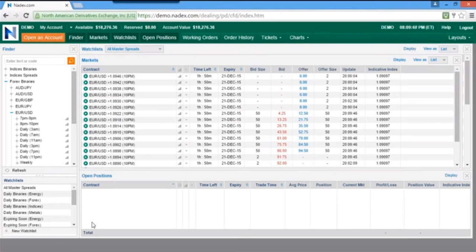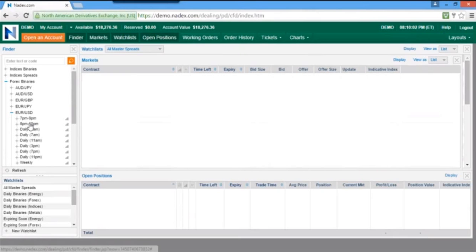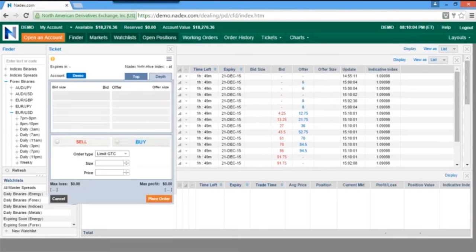All right, let me find a good example here just to show you. We've been looking at euro dollar. Now I want to stay on euro dollar because that's the chart I have up.